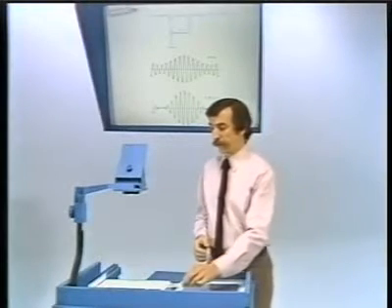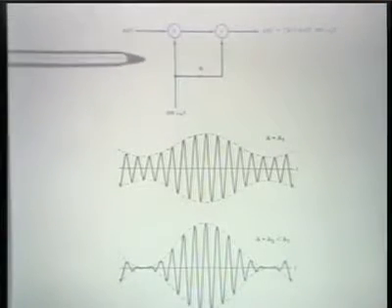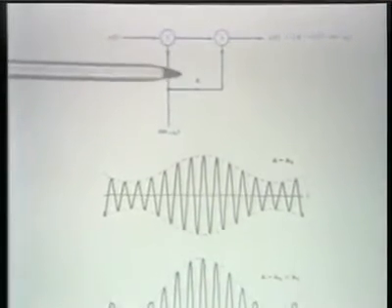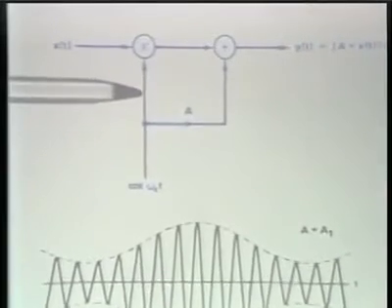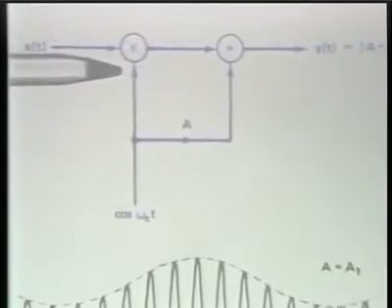Well, as we've discussed in a previous lecture, amplitude modulation basically consists of multiplying the modulating signal by an appropriate carrier, illustrated here, as we had seen previously, for the case of a sinusoidal carrier.